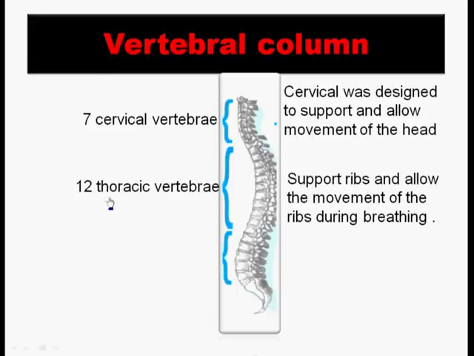Now we have 12 thoracic vertebrae. Now, the word thorax, another difficult word, eh? Thoracic vertebra is coming from the word thorax. You know what the thorax is? It is made up of the what? Rib cage. Good.